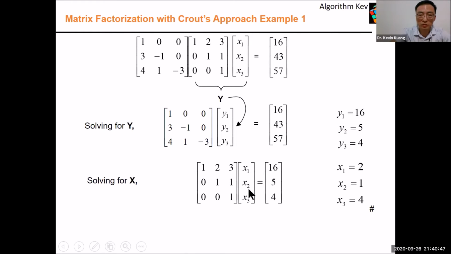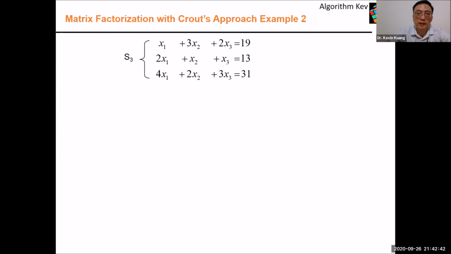We can easily solve for x3, that would be 4. And through a process of back substitution, we will be able to obtain x2 and x1. And that's it. This is the solution to the system of equations that we're given, using the Crout's approach of LU decomposition.